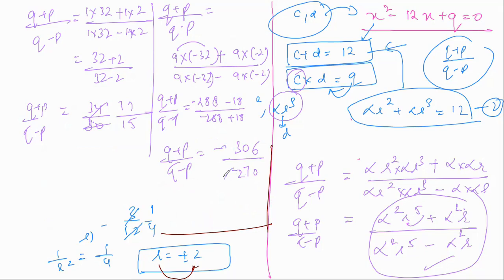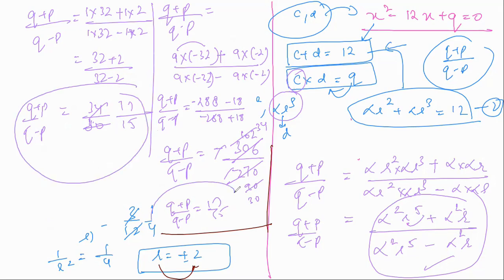Now let me solve this. Minus cancels out. Dividing by 9, it will be 34 over 30, again 17 over 15. So in both the cases, I am getting q plus p over q minus p as 17 over 15, right? So that's it, everyone. Thank you so much.